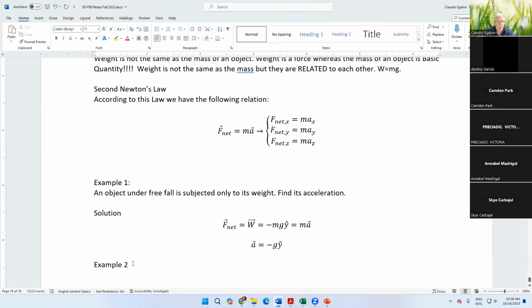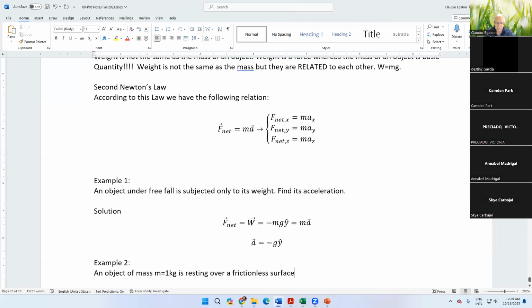Example 1, example 2. An object of mass m is resting over a horizontal frictionless surface. Let's put some numbers now: 1 kilogram.